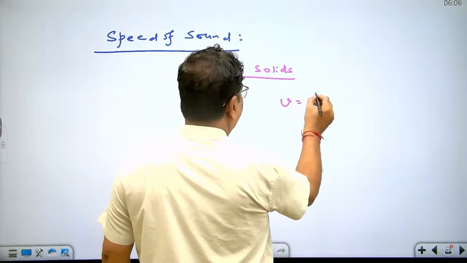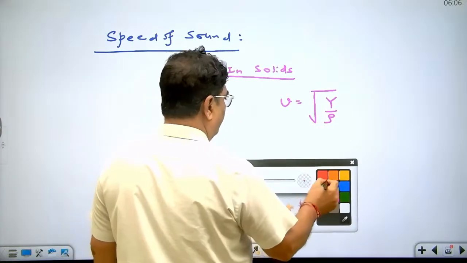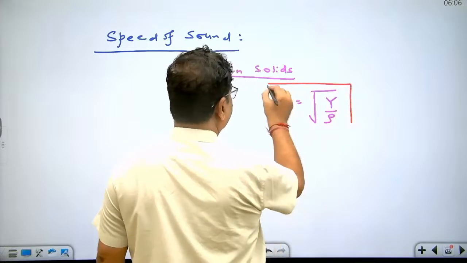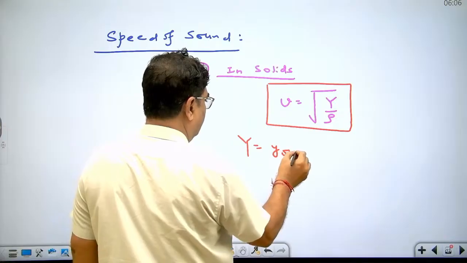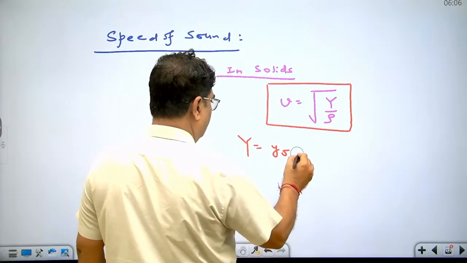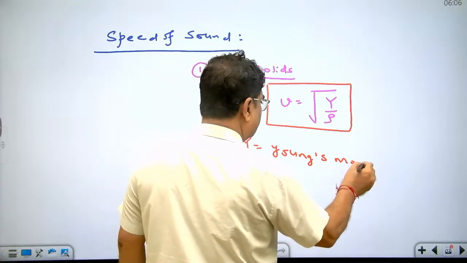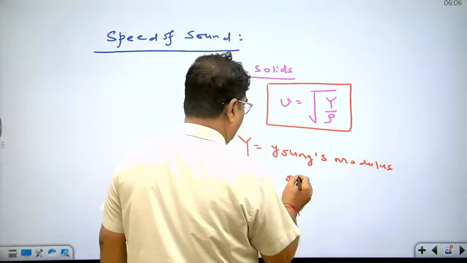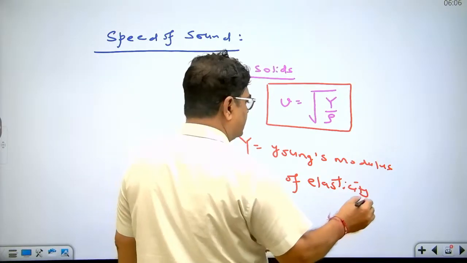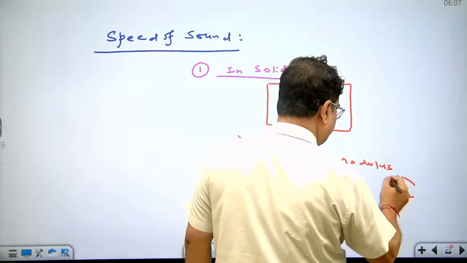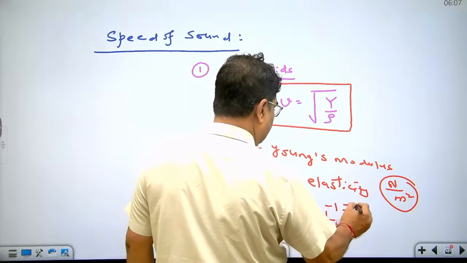So in case of solid, we write speed of sound as under root Y upon rho, where Y is Young's modulus of elasticity. Its unit is Newton upon meter square in SI system, and dimensional formula is M L minus 1 T minus 2.